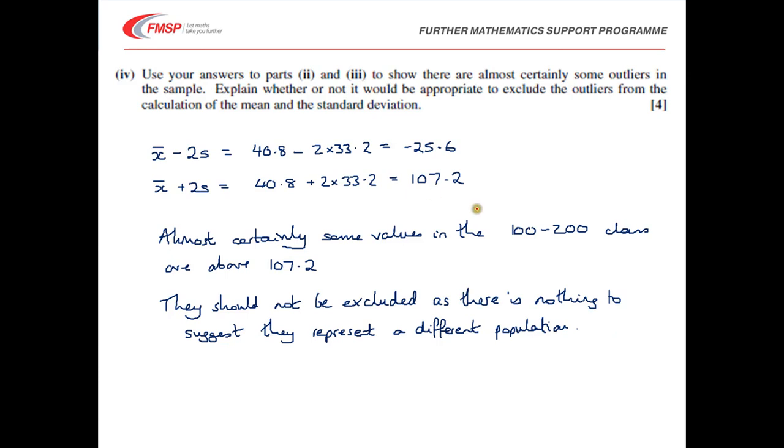For part 4, there's a method mark for either one of those, and an accuracy mark for this one, which is the one that you actually need. There's an explanation mark for a suitable comment about why there's almost certainly some outliers, and an explanation mark for saying they shouldn't be excluded, and that is dependent on this being reasonably accurate. They say between 106 and 108.